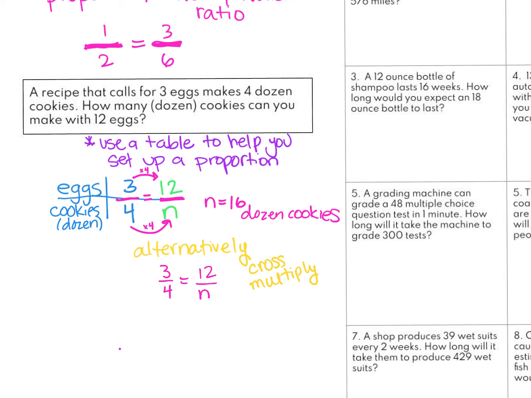Please follow my steps and listen as I'm saying what I'm doing. I'm going to cross multiply by taking 3 times n. This becomes 3n. I am going to bring my equal sign directly down. It didn't go anywhere. And now I am going to multiply right here. 4 times 12 gives me 48.